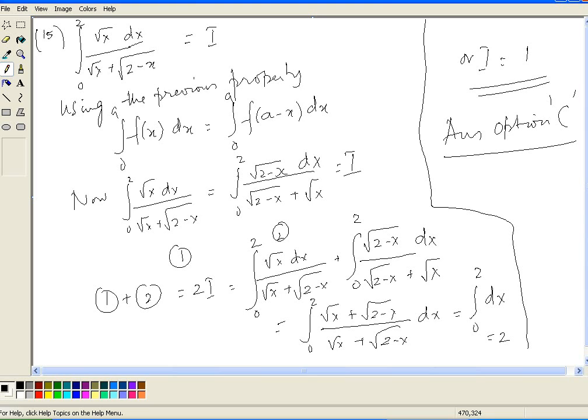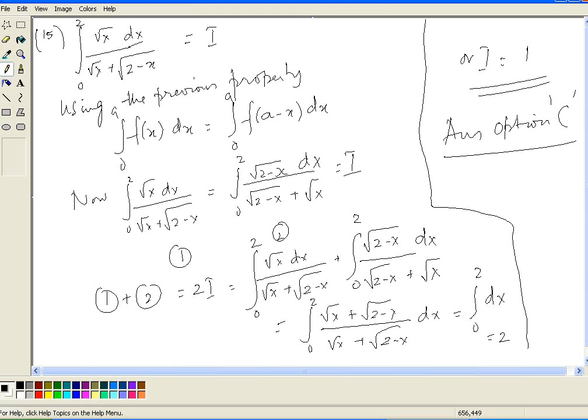So both are I. Now if you call this the first equation and the next one the second equation, I add the first one with the second one, which is both I's. I plus I is 2I.